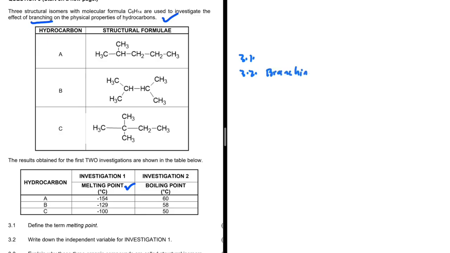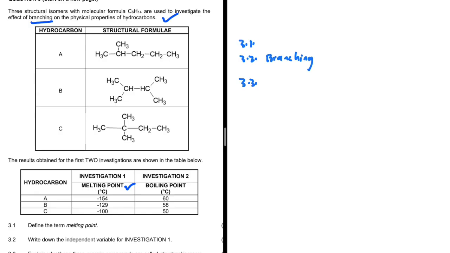Branching is our independent variable because that is what we are willingly changing in order to measure its effect on physical properties. That is 3.2. What about 3.3? Explain why these 3 organic compounds are called structural isomers. So structural isomers have the same molecular formula but different structures.